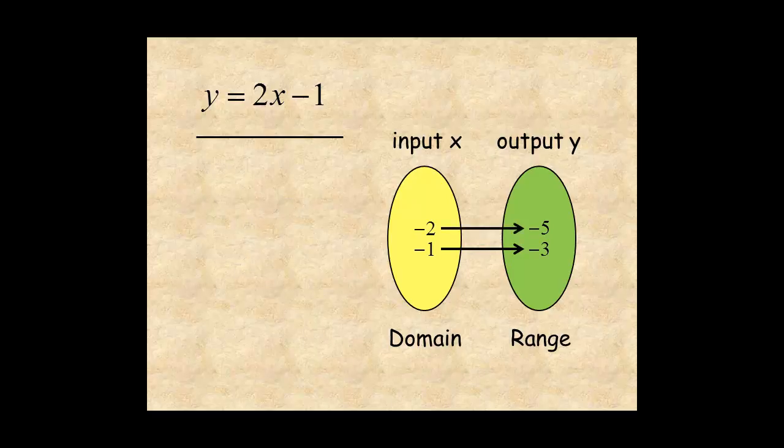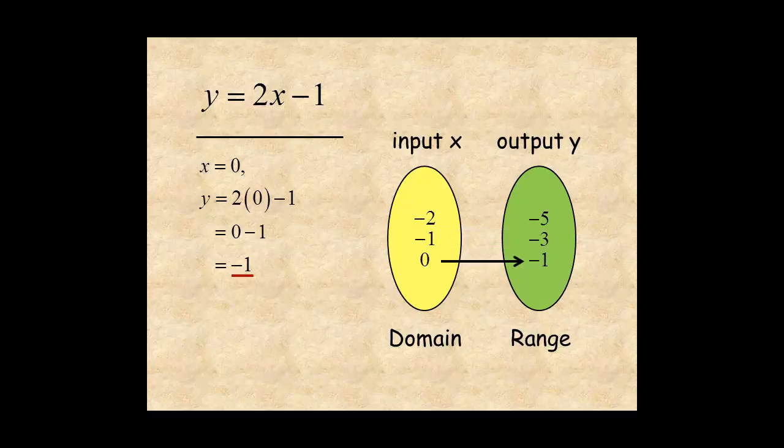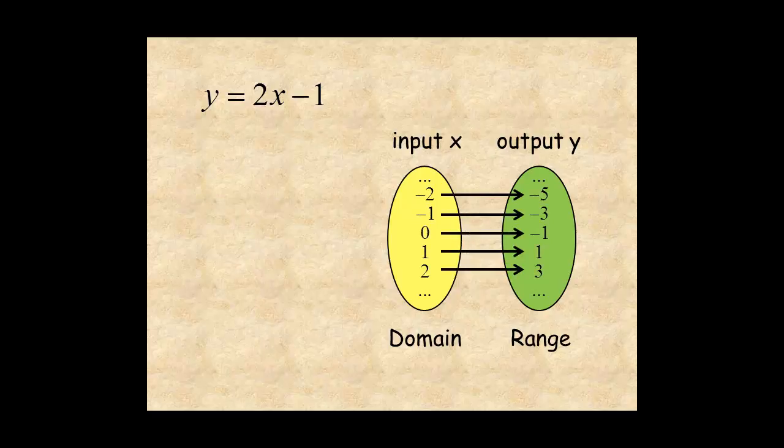For an input x equals 0, the output y is 2 times 0 minus 1, which is 0 minus 1, which is -1. So there's a relationship between an input x equals 0 and an output y equals -1. Of course, these are only a few of the infinite number of pairs of x and y related by the equation.